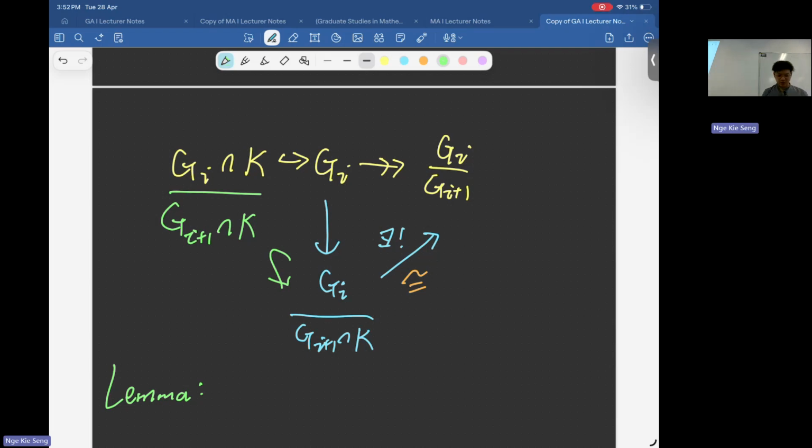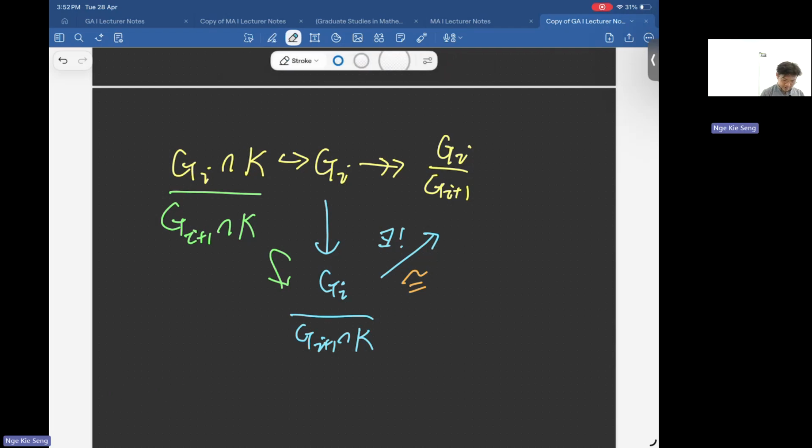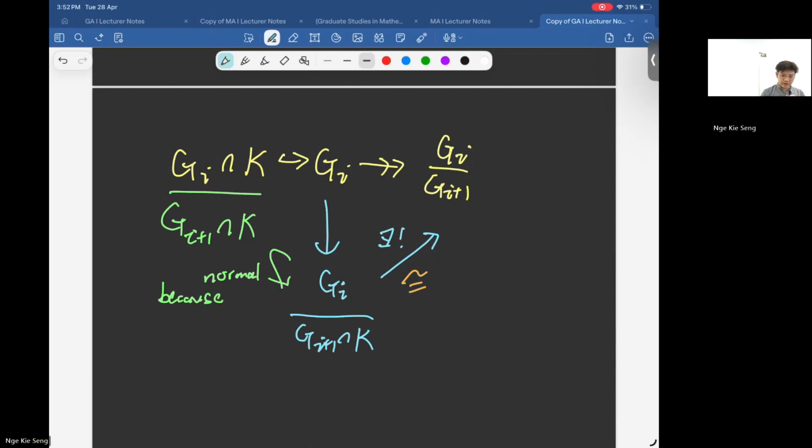And then this subgroup is normal. Okay, so this subgroup is normal. At the same time, this is normal because K is normal in G. This is enough.